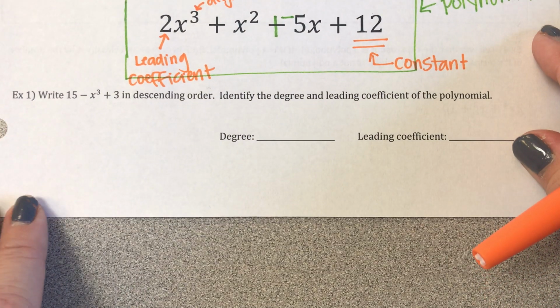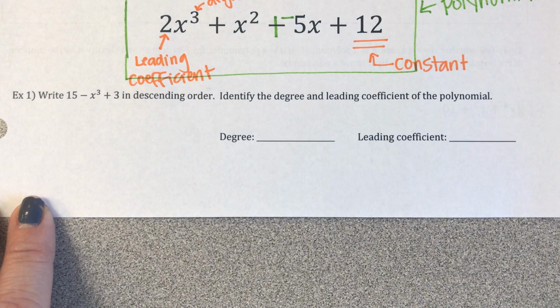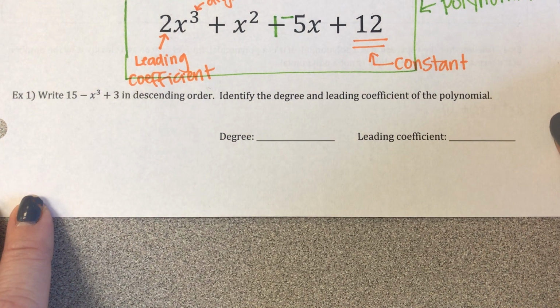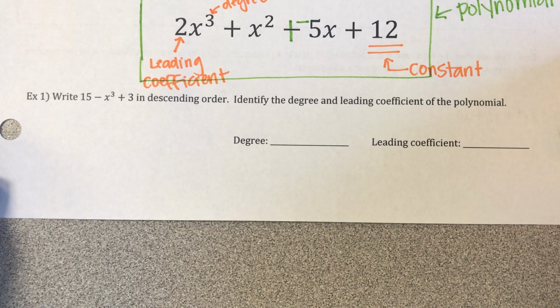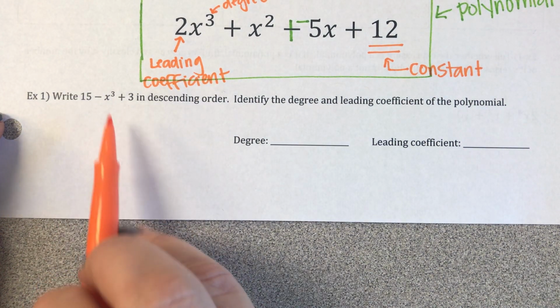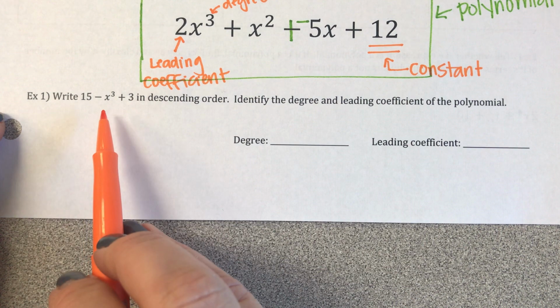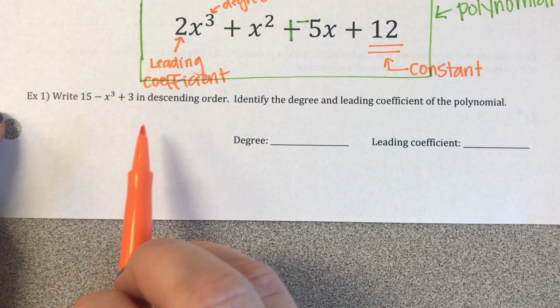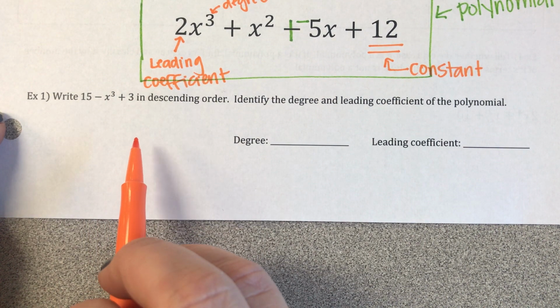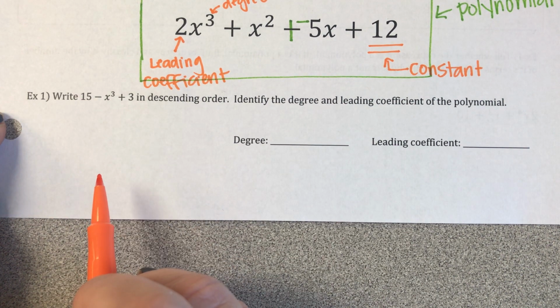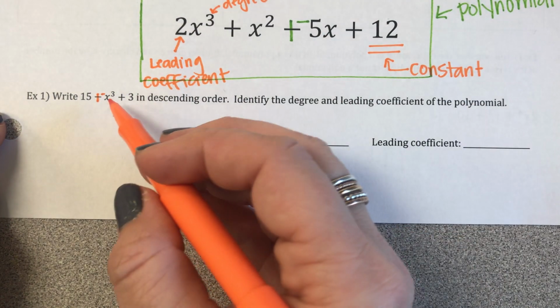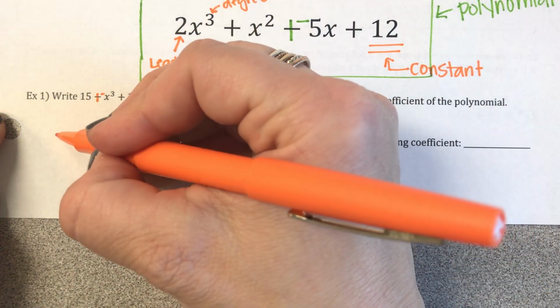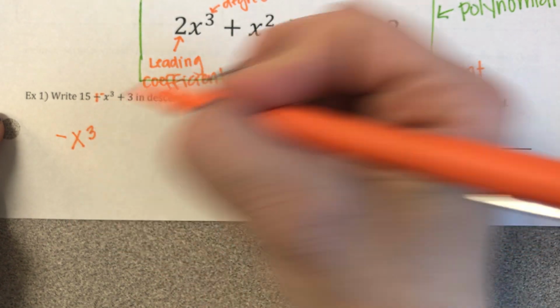So let's look down here to do some examples. Number 1. It says, write 15 minus x to the third plus 3 in descending order. Identify the degree and the leading coefficient of the polynomial. When we're looking, what's the biggest exponent that you see? X to the third. Here's where you have to keep in mind what we've been doing all year long. What symbol is in front of this? A minus sign. That's like saying adding a negative. So if I were going to write this, it would be negative x to the third.